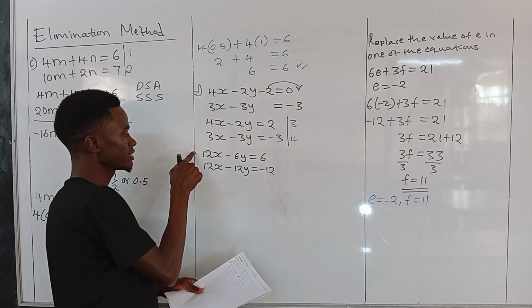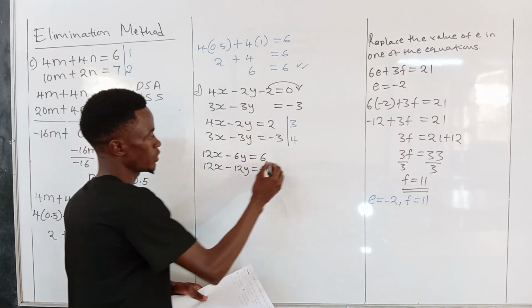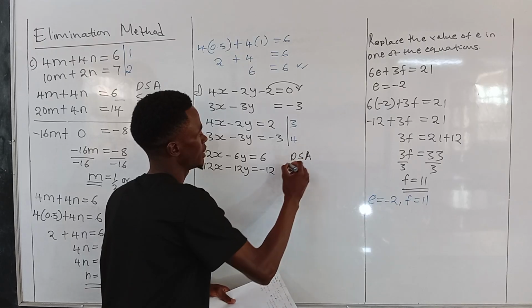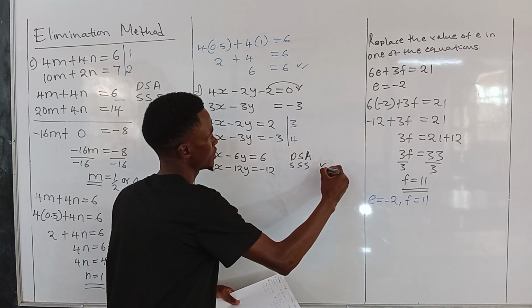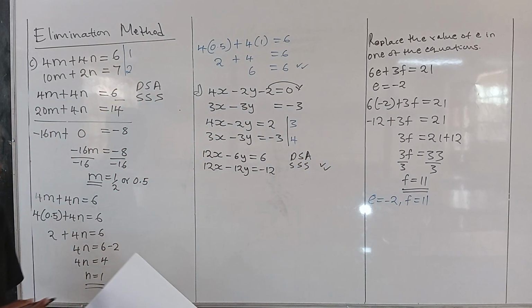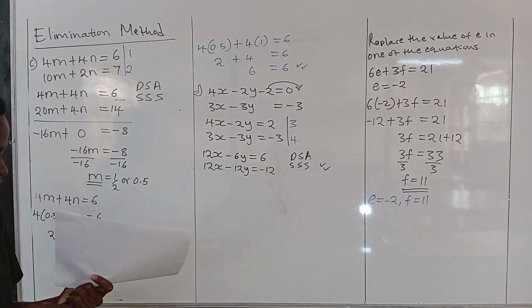Now we chose to eliminate our letter x. So we are going to use DSA still and SSS. But the one that we are going to choose is our SSS because the signs are similar.